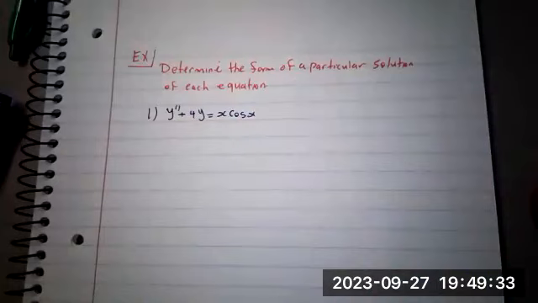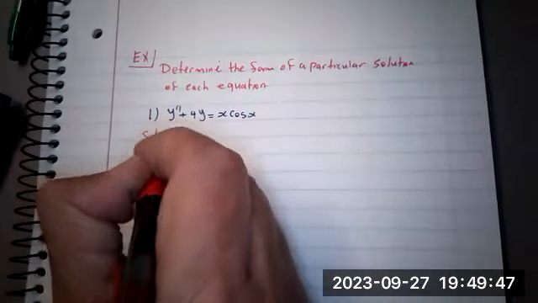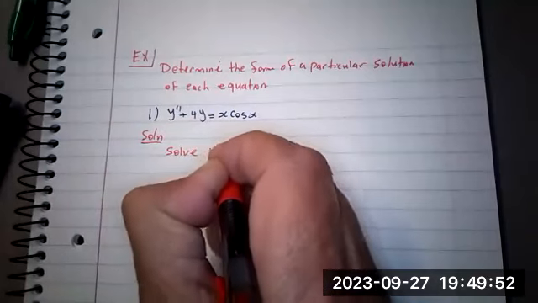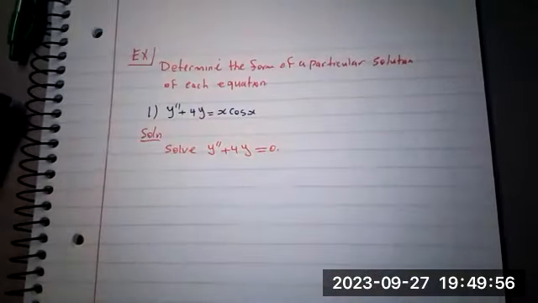So it doesn't matter whether you want to solve the equation or just give us the yp, you have to solve the homogeneous equation first. So first thing to do, solve this equation. You already talked about it. You know how to solve it.